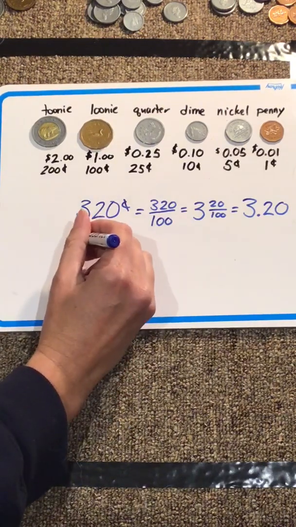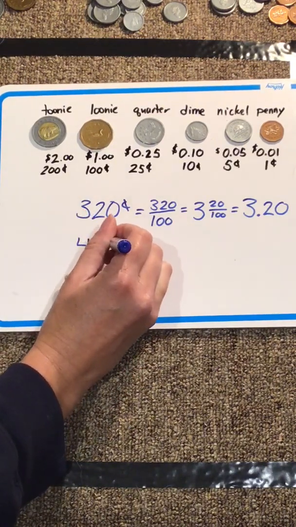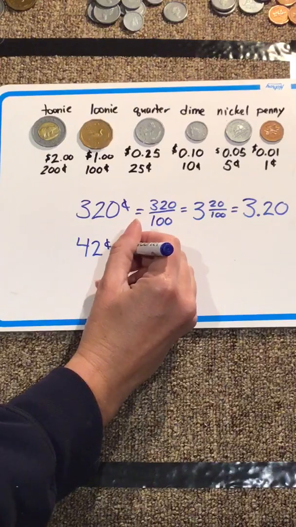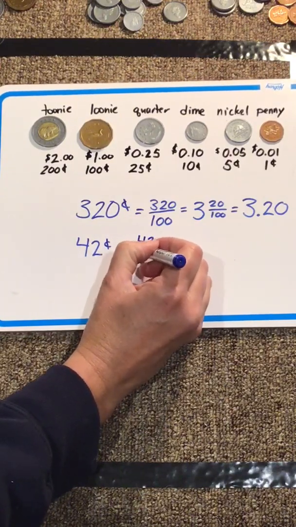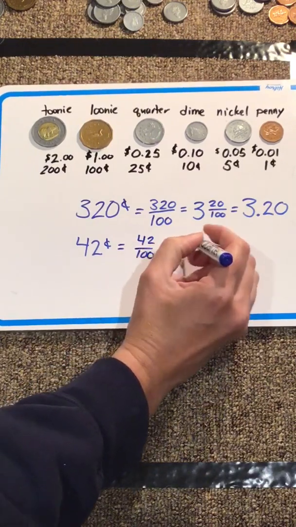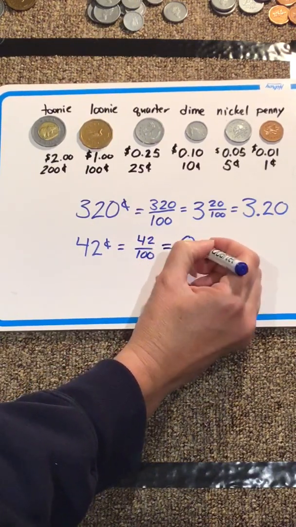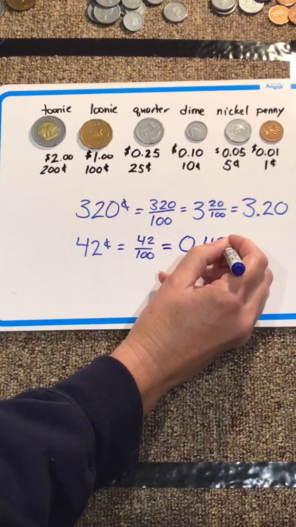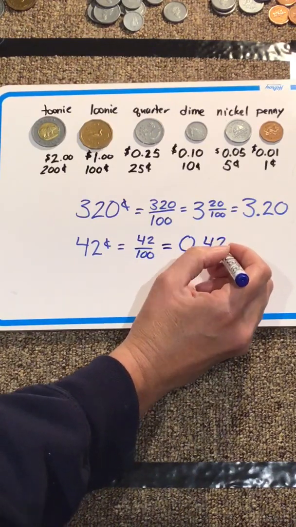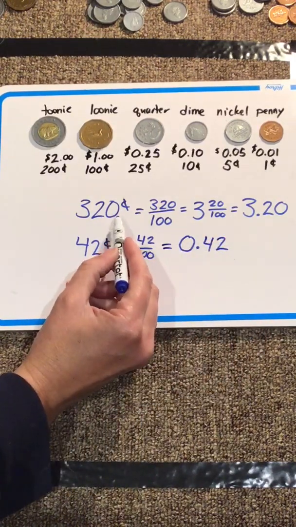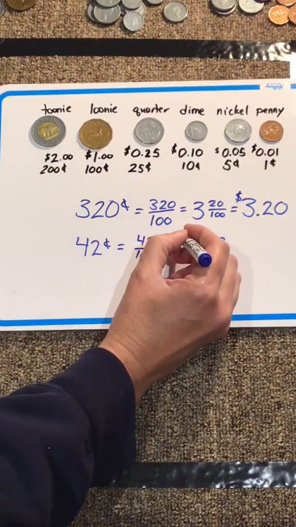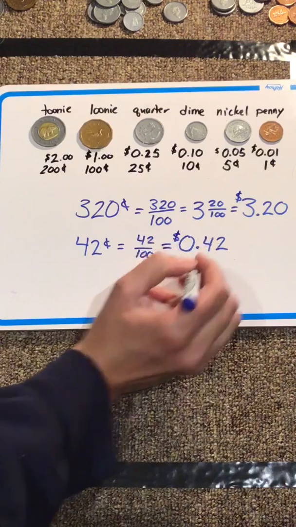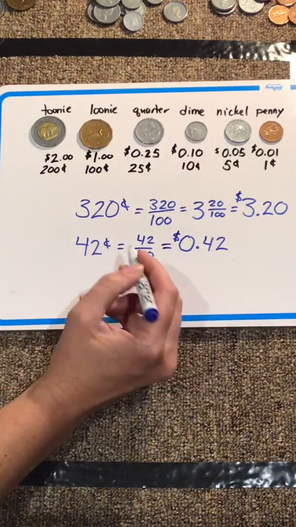If you had 42 cents to start with, that's the same thing as saying 42 out of 100. And if we put it in decimal form, that would be the same as 0.42. So you might have noticed here, we have to put the dollar signs in, and the dollar signs go on the left because that's where the whole dollar amounts are.